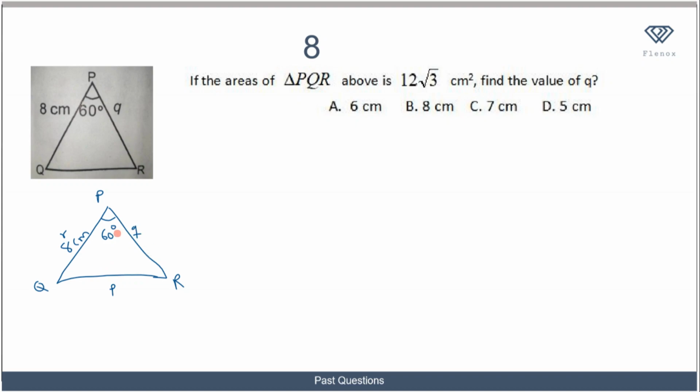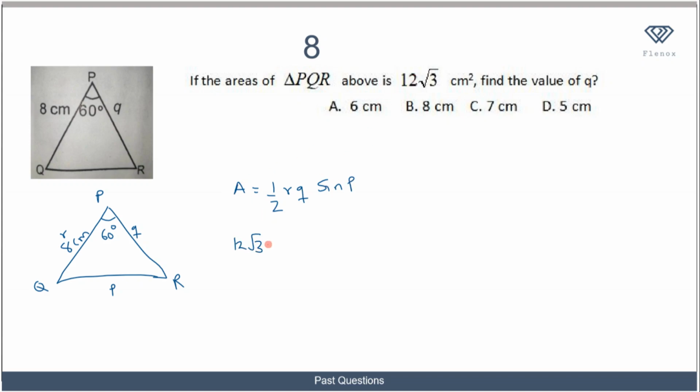If you remember our formula for calculating the area, we said if we know two sides and we know the angle between those two sides, we can find the area. So I can write that the area is equal to half times, I know sides r and q, so times rq, then sine of this angle that is between them, sine P. So the area I've been told is 12 root 3.